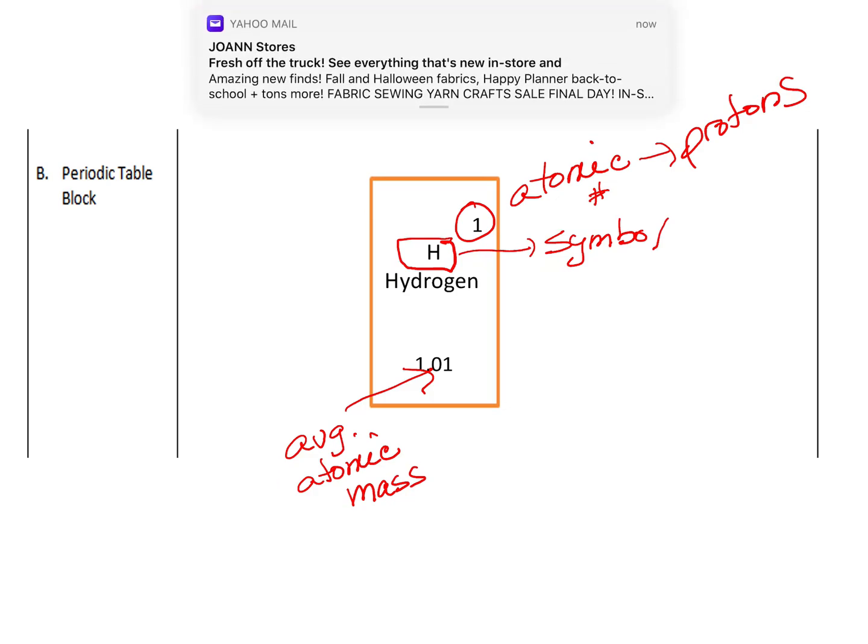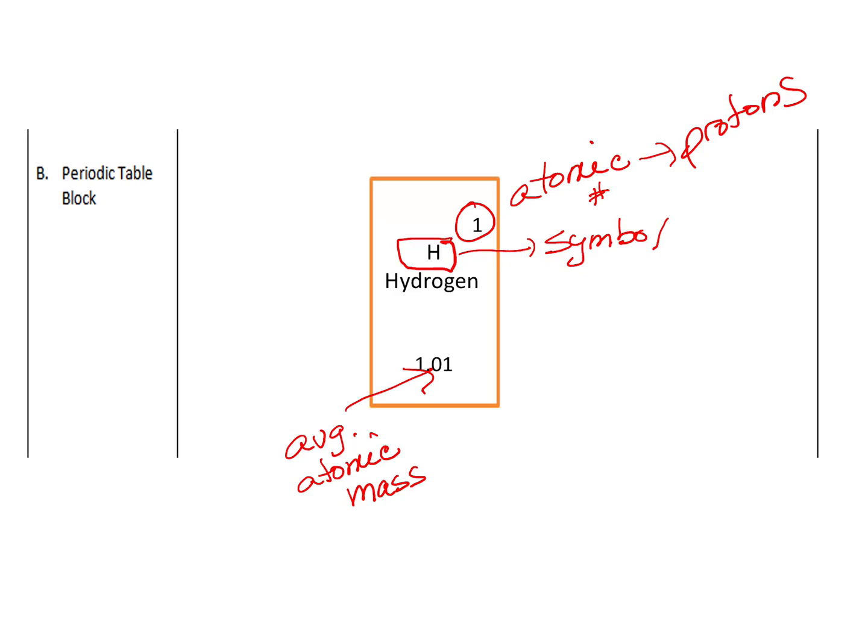So, armed with this information, you should be able to complete the Inside the Atom worksheet. A couple examples from that worksheet. The worksheet asks if it's an atom or an ion.